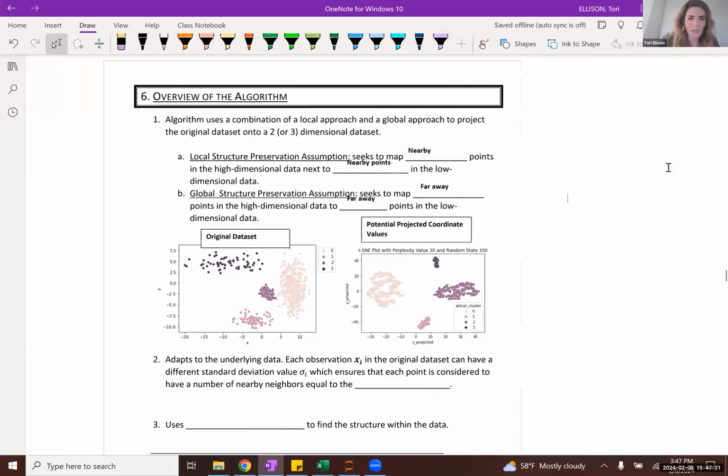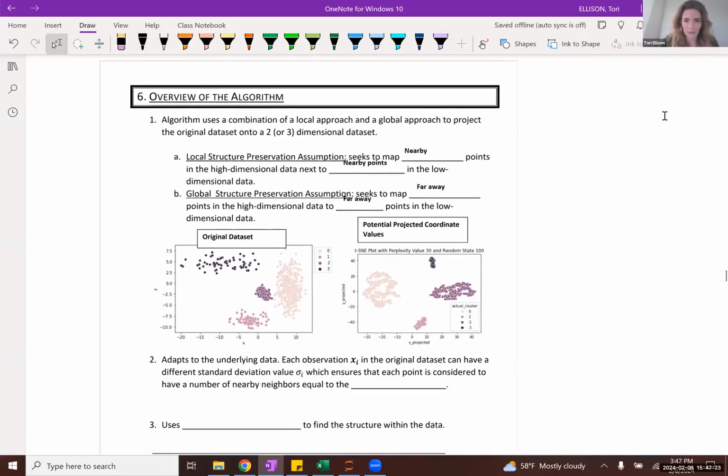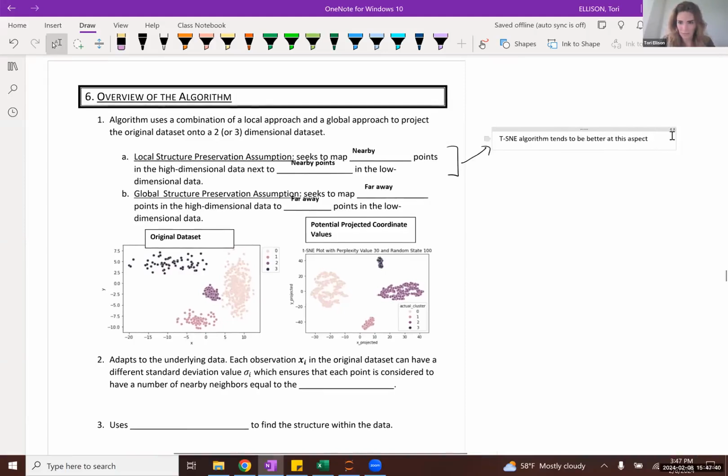But the key thing that you want to keep in mind practically speaking is that, especially when you are dealing with lower perplexity values, the TSNE algorithm tends to be better at this aspect.